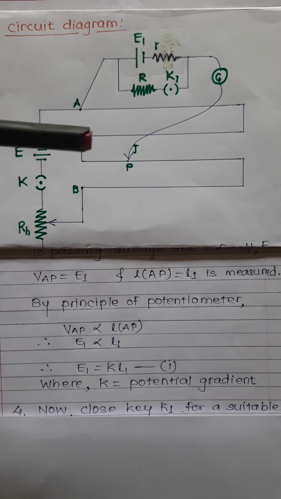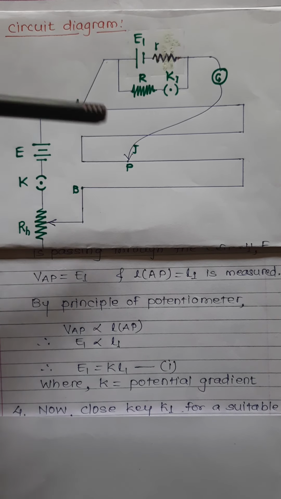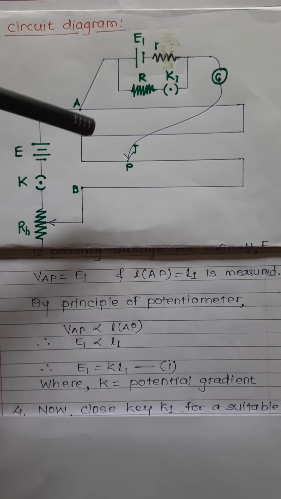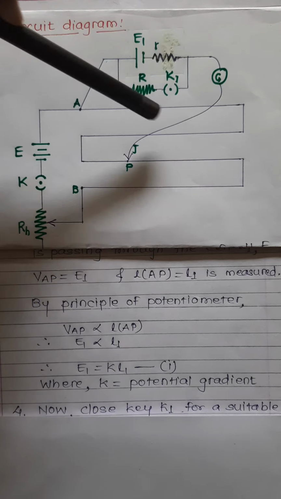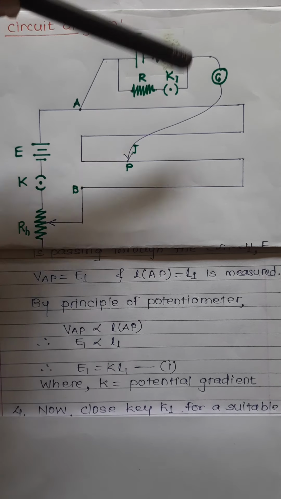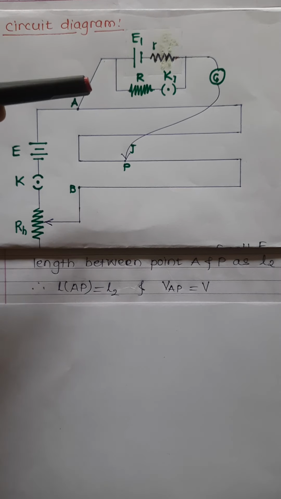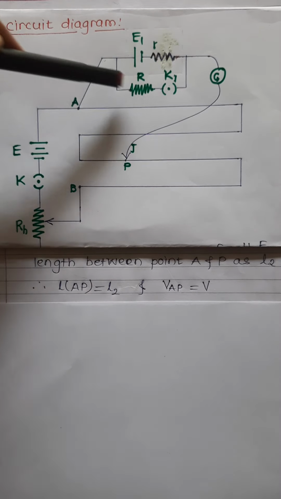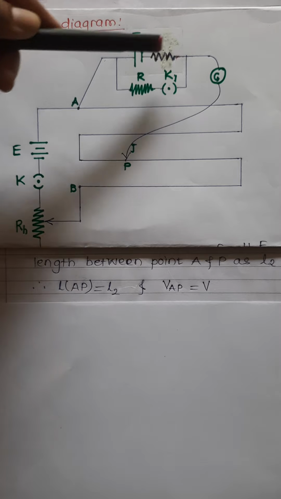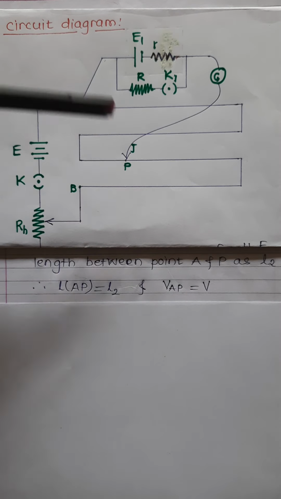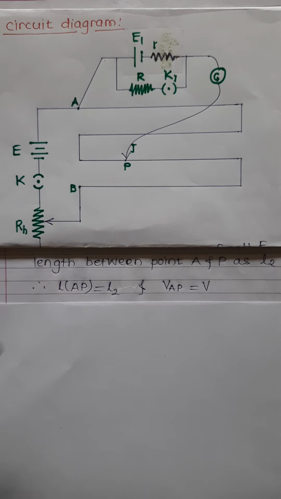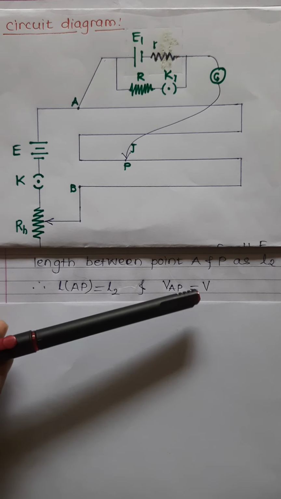Now what do you mean by this? That potential difference between points A and P of the wire is now balancing the terminal potential difference of this circuit. Since resistance R is included, terminal potential difference of this part is written as V, and therefore potential difference between points A and P is equal to V.